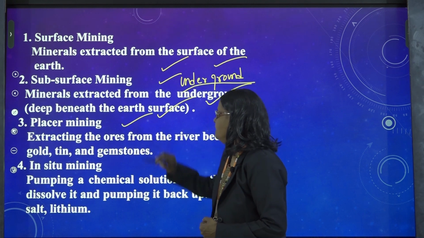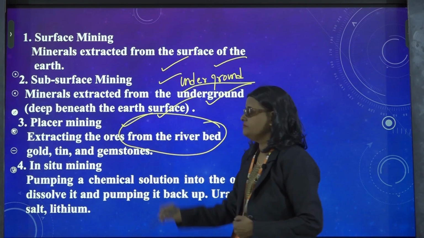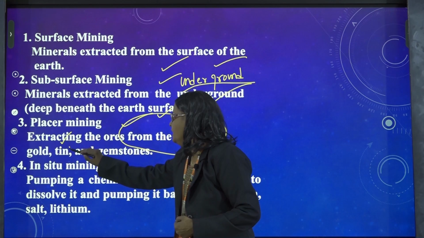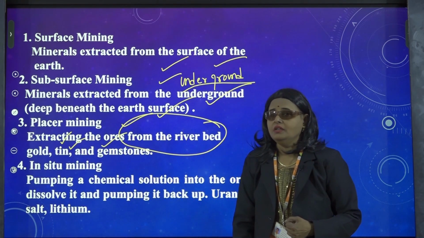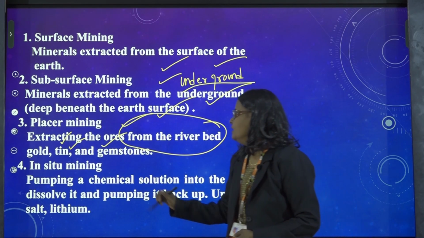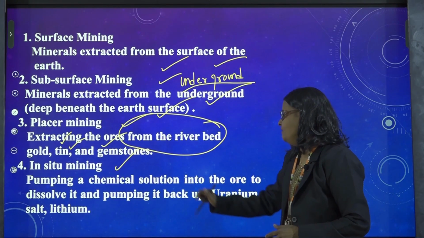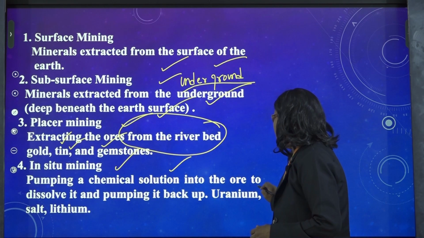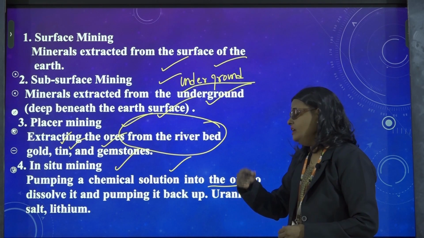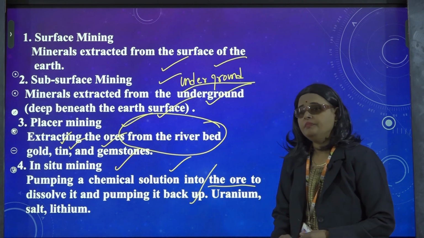Next one, placer mining means extraction of ores from the river bed. Here gold, tin and gemstones are the examples in placer mining. Clear? Now, in situ mining. What will they do in in situ mining? They will pump a chemical solution into the ore so that it dissolves, and after dissolving, pump it back up.